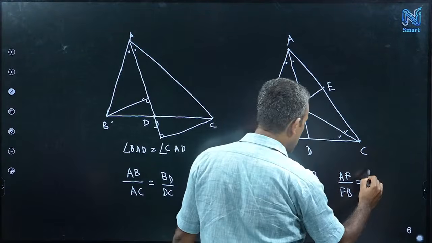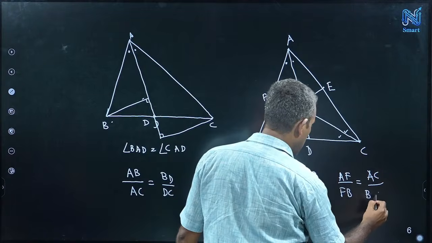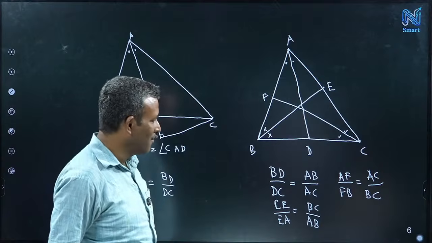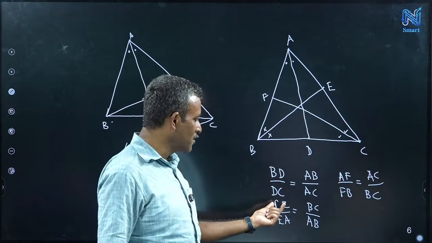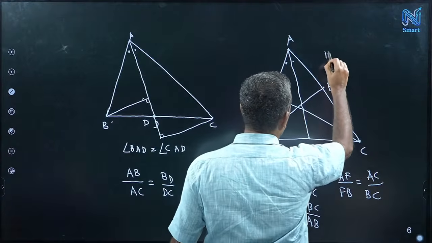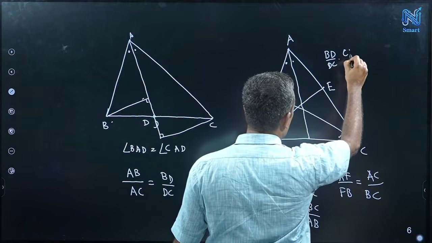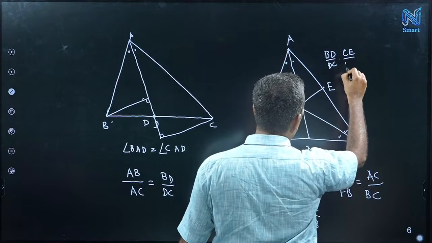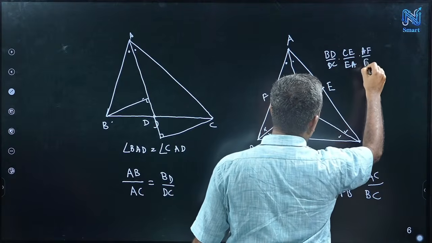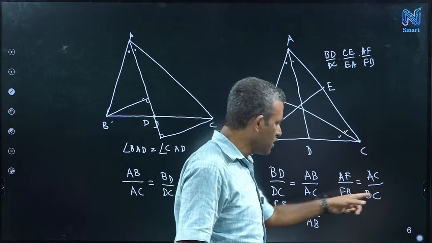It is just AC by BC, right. Now if you multiply all these three, what happens? BD by DC into CE by EA into AF by FB. Again AB cancels out, AC cancels out, and BC, so it is 1.